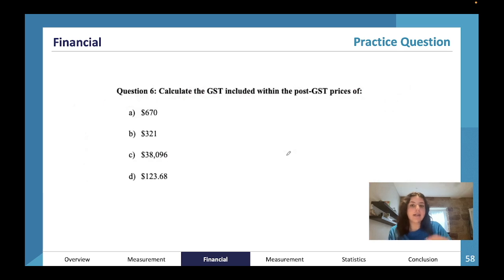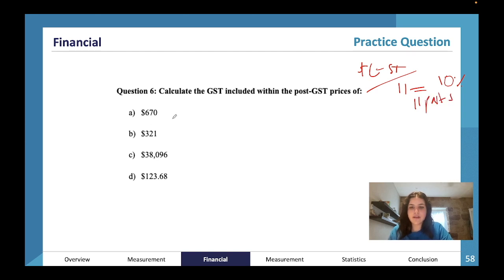Correct. All right, calculate the GST included within the post-GST prices. When we're finding GST, if it's currently got the GST in it, we have to take the amount of money that includes the GST and divide it by 11 to find that 10% tax. Because it's 10% of the original price, so there's technically 11 parts.